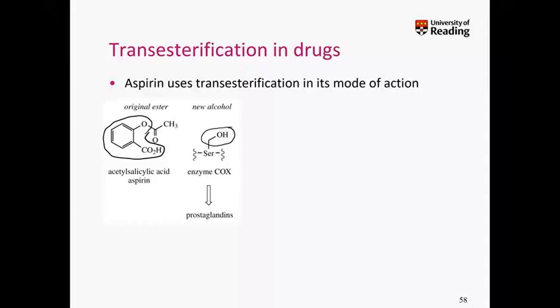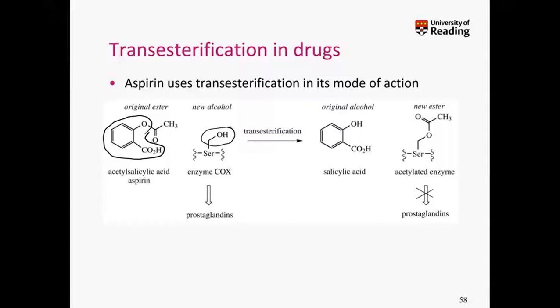But what happens when you get your aspirin into the enzyme's active site is a transesterification reaction. So just using the same mechanism we've just seen, where we now have our new alcohol here, and this O-serine, which is attached to the enzyme, becomes our new ester.